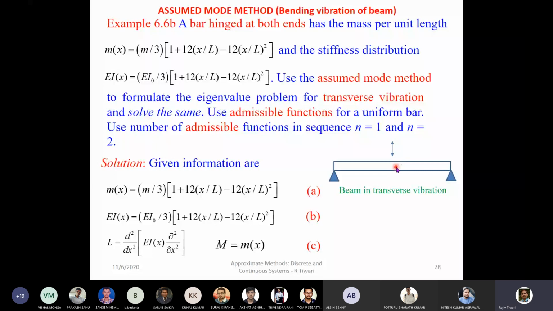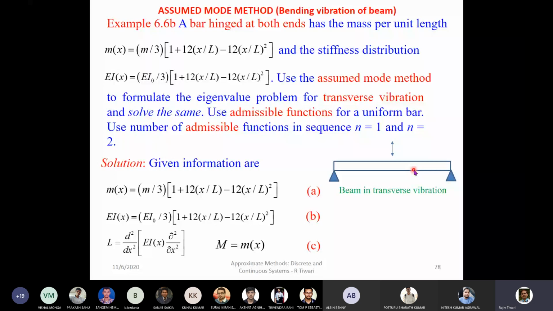If I take the same beam but want to analyze the axial vibration, then the L operator and M operator will change. Accordingly, our equation, the stiffness coefficient and mass coefficient will have a different form.